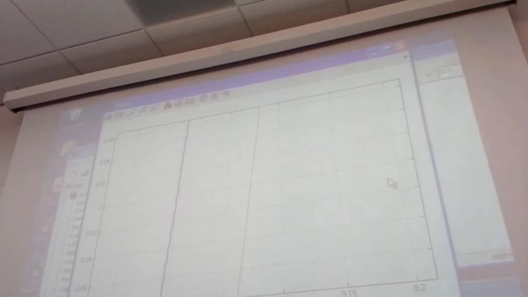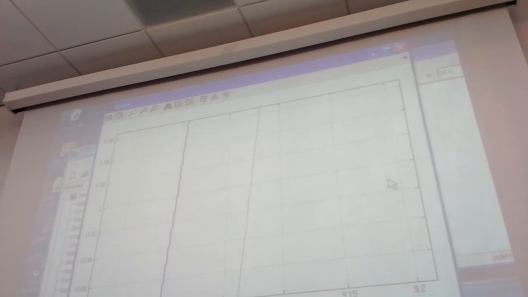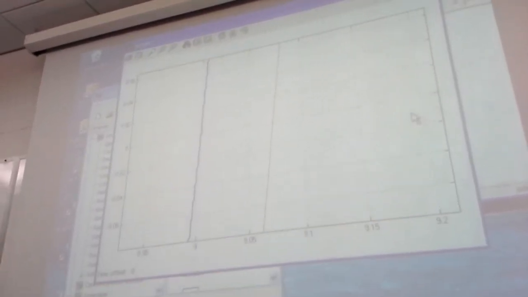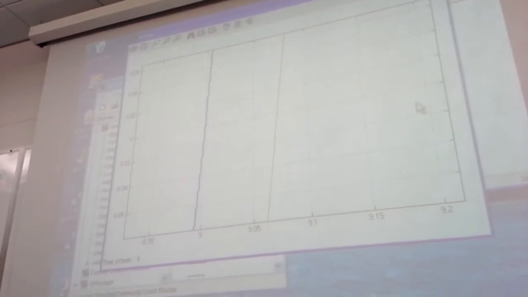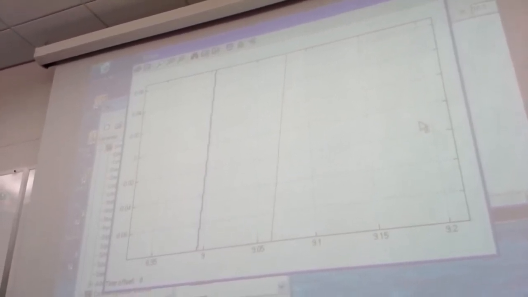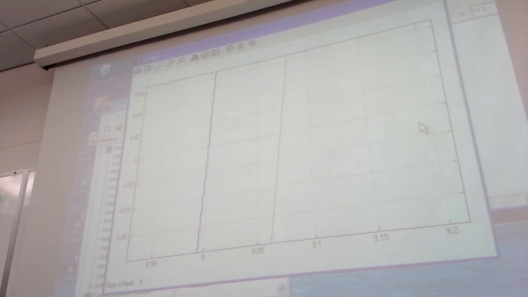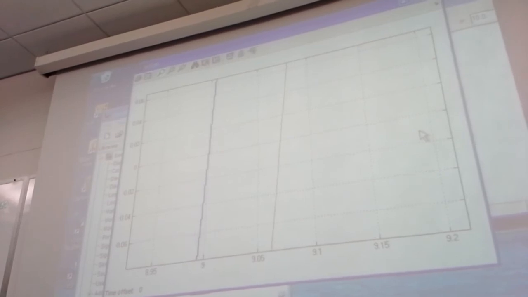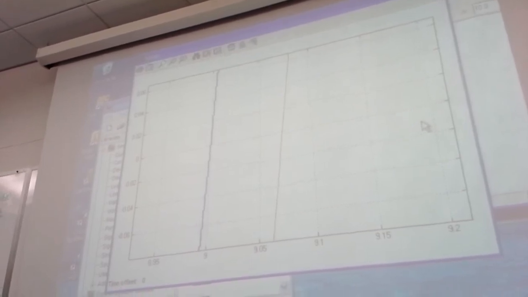Actually, later, probably maybe the beginning of November, we are going to design a controller based on the frequency response. So we are checking the whole frequency response like this. You don't do it by hand, you can use a method, and it will show the response.